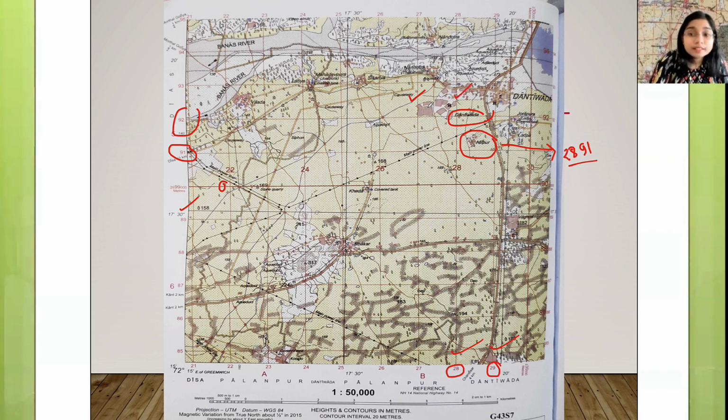You should always take the starting point of the settlement. So the starting point of the settlement is between 27 and 28, and we have to take the lower value. So I have to take 27, and obviously for the northing it will be between 92 and 93. So we'll take the lower value, it will be 92. So the location for Danfiwara will be 2792.